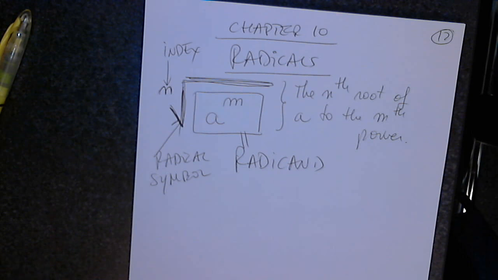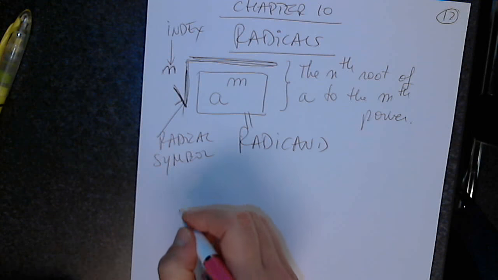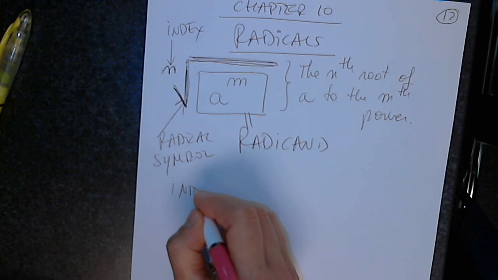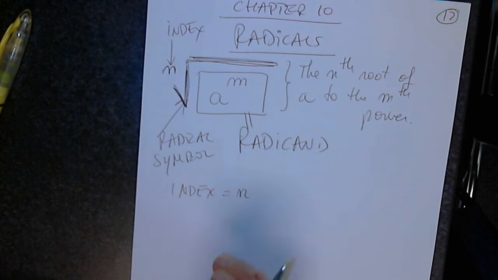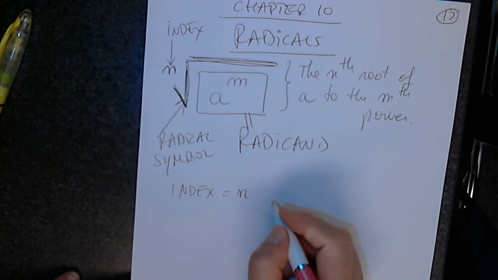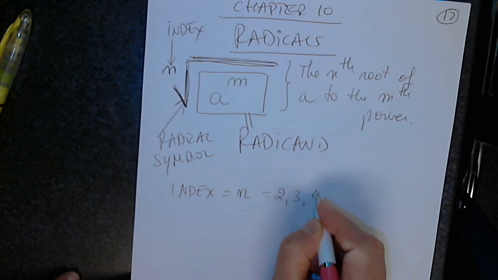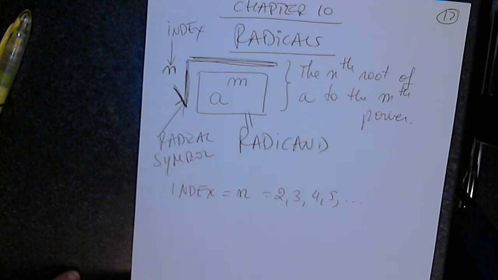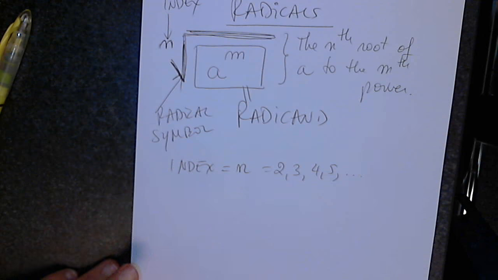Now, let's talk about the index. The index, which is n, can be 2, 3, 4, 5, and so on and so forth. It cannot be 0.3, it cannot be 1, it cannot be 0, it cannot be a negative number.